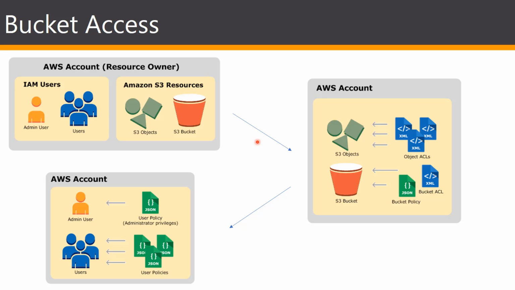Now, it's very important that AWS recommends not using the root credentials of your AWS account to make requests. Make sure that you create an IAM user and grant them access to use such services. Now, the first diagram that you see on the top left basically shows an AWS account owning resources, the IAM users, buckets, and objects.